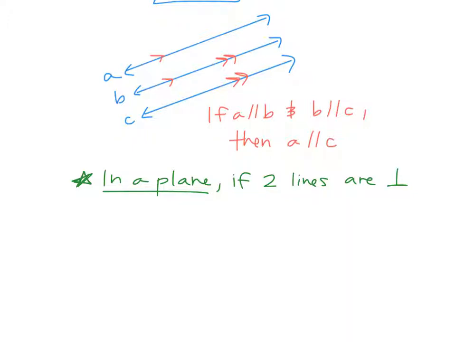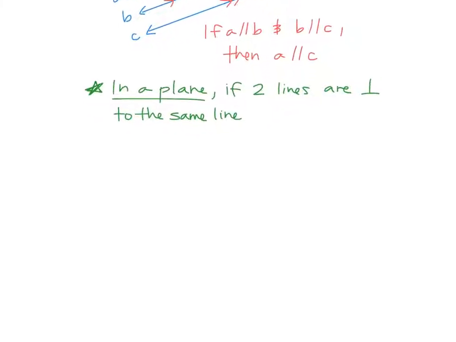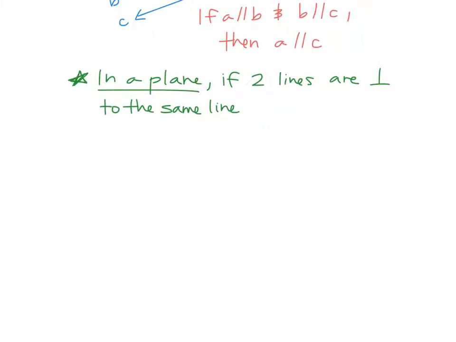If 2 lines are perpendicular to the same line, okay, and I want you to see if you can figure out what should come next. So here's your picture, okay? These lines are perpendicular. Those lines are perpendicular.